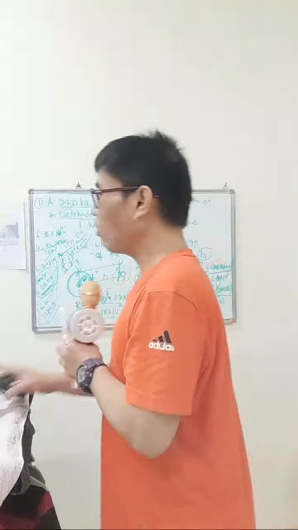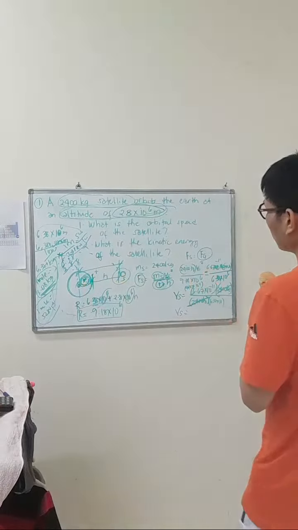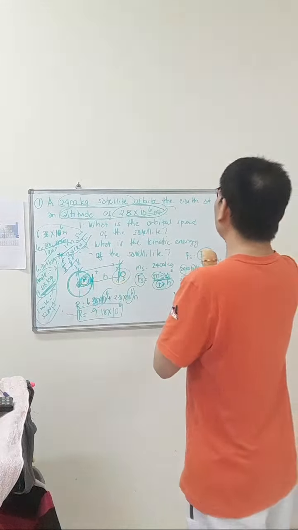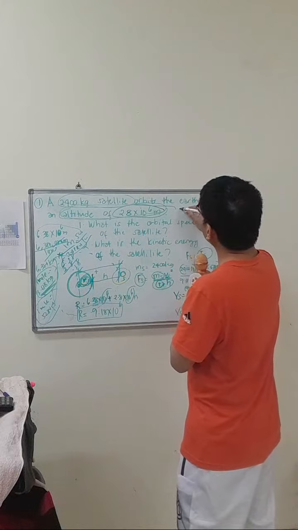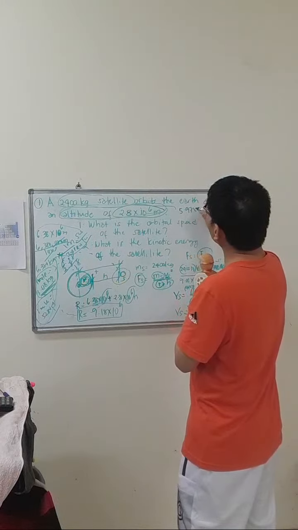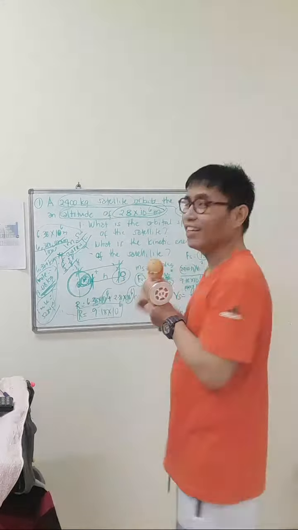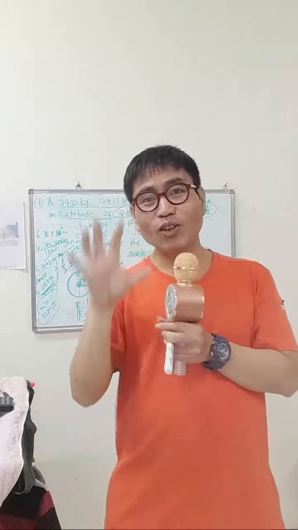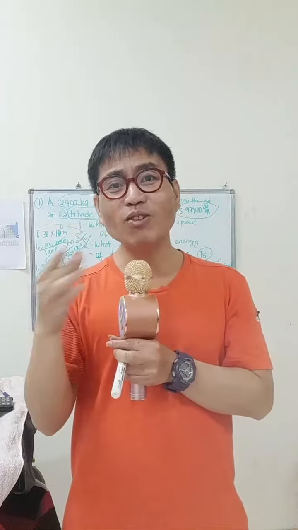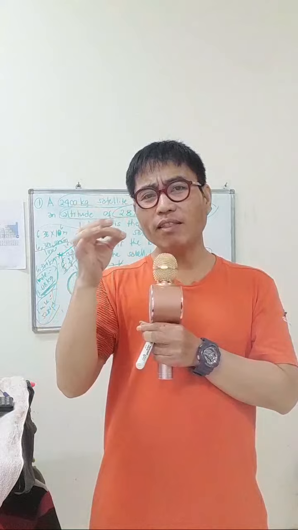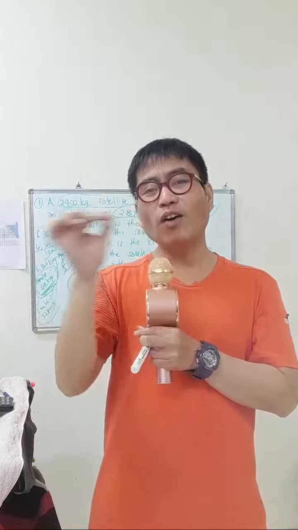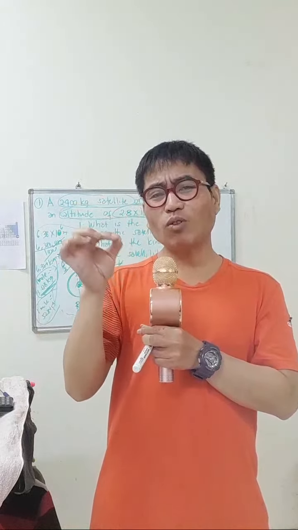Again, the mass of the Earth is experimental, based on previous scientists: 5.97 times 10 to the 24 kilogram. You have to memorize this, guys. So you need to memorize the radius of the Earth, 6.38 times 10 to the 6, and the mass of the Earth, 5.97 times 10 to the 24.